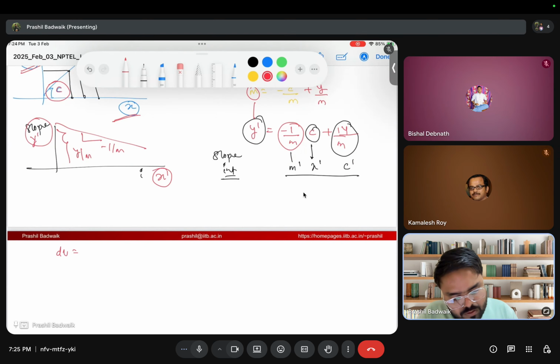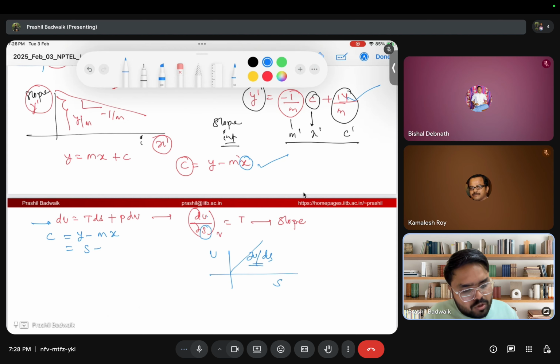Because I am taking u and s, this is my u, this is my s, and whatever slope I am getting, del u by del s. What is my slope? Slope is del u by del s. And what is my x? X is my s. It is equal to some quantity, for example I am writing it as any number, let it be c, correct?